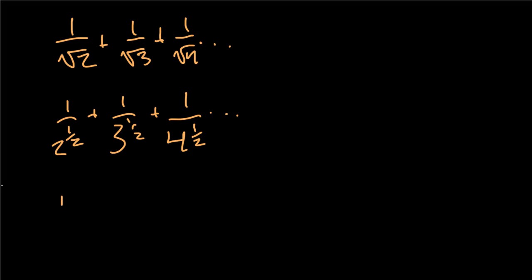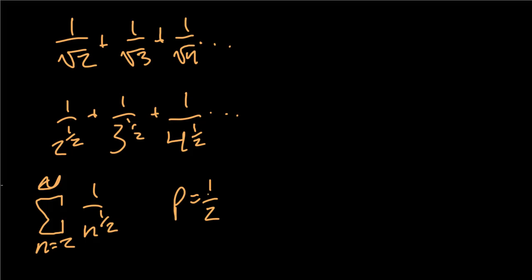This series is the sum from n equals 2 to infinity of 1 over n to the 1/2 power. In this case, p is equal to 1/2, which is less than or equal to 1. So our series diverges by the p series.